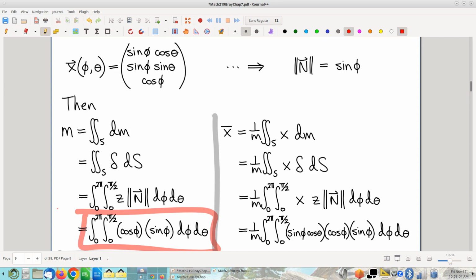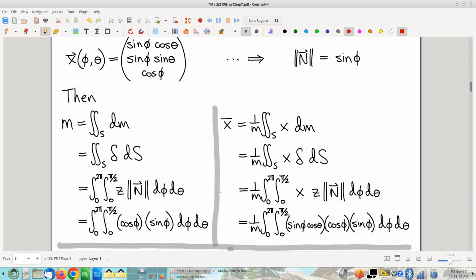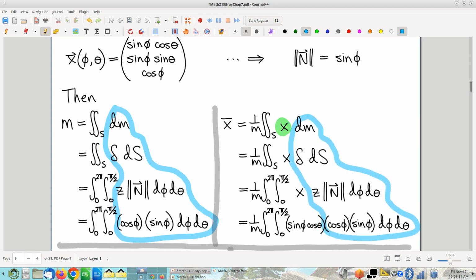Now, real quick hand wave, let's look over here at the x-coordinate of the centroid. Notice that this integral is a little bit different from that integral in that there is this extra factor of x there, right? So what are we going to do? How's that going to change everything? And the answer is not much at all. All of this stuff here is exactly the same: same parameterization, same plugging in, same stretching factor.